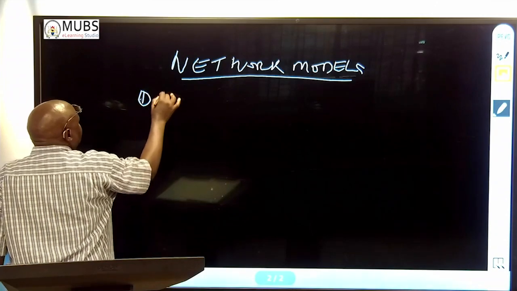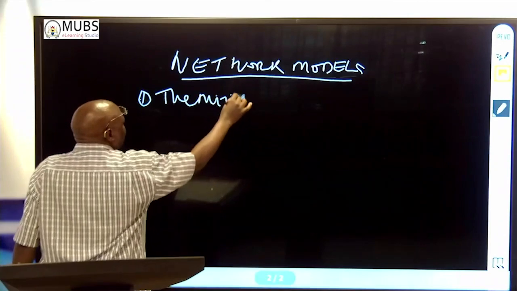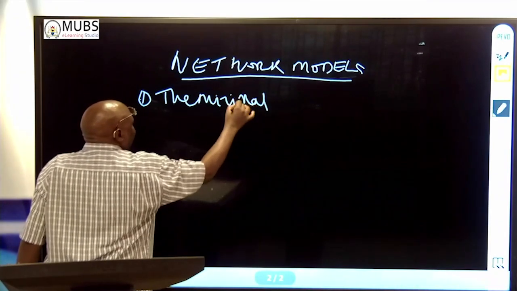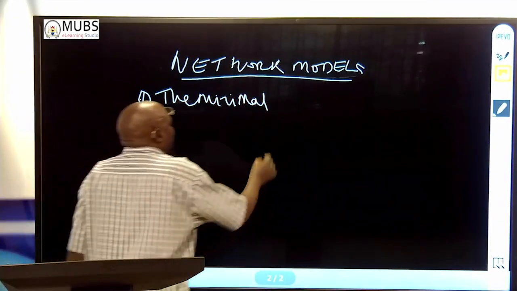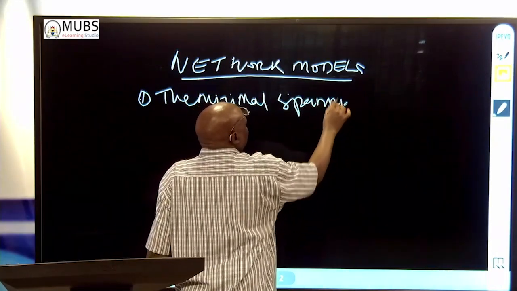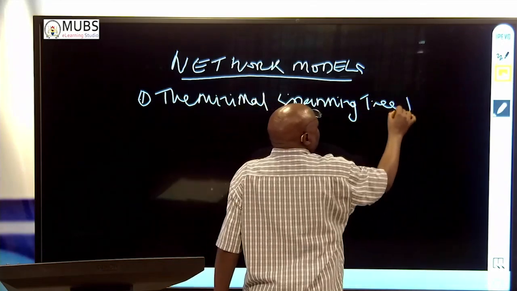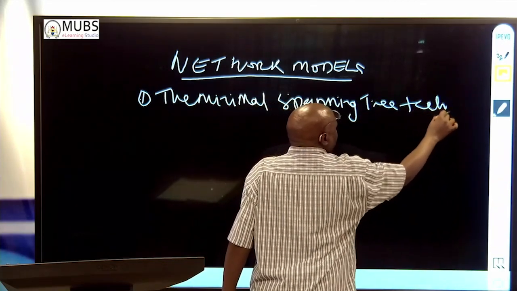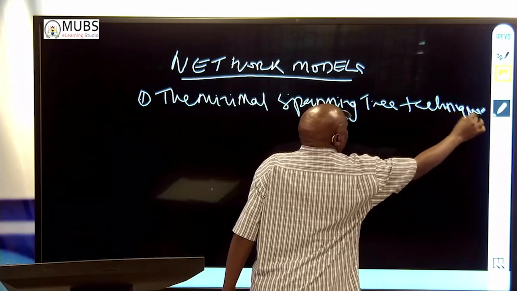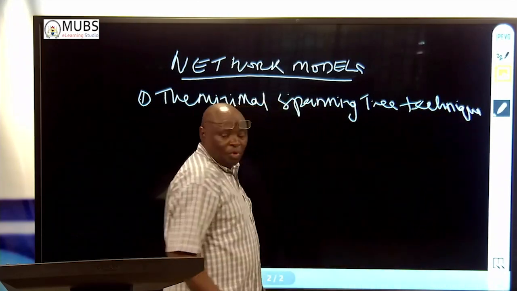Number one is the minimal spanning tree technique or model.